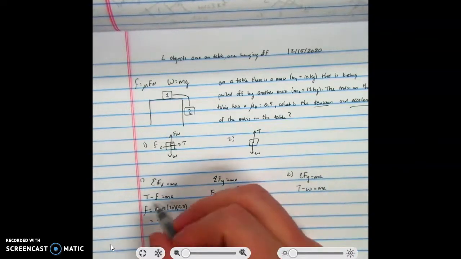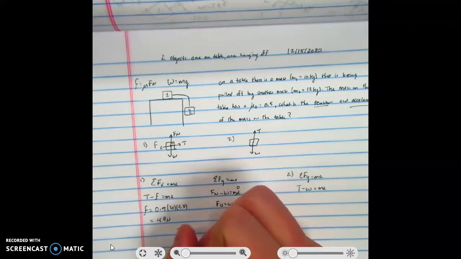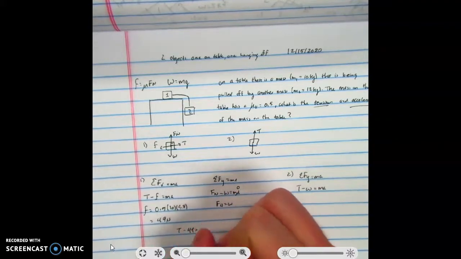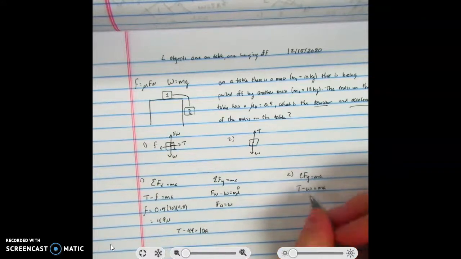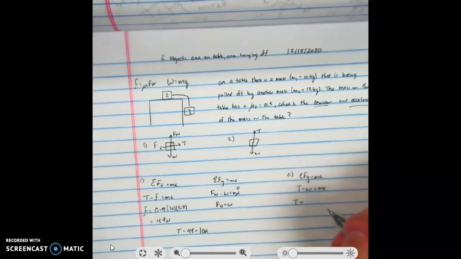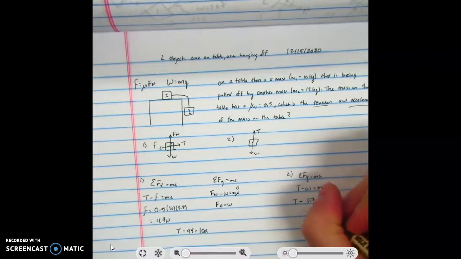So really for object 1, I have tension minus 49 is equal to 10A. For object 2, I have tension minus 12 times 9.8, 117.8, equals 12A.